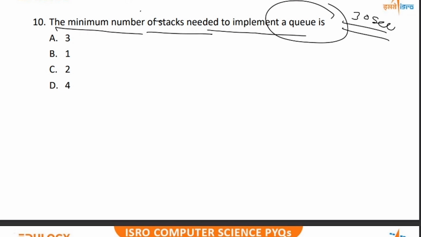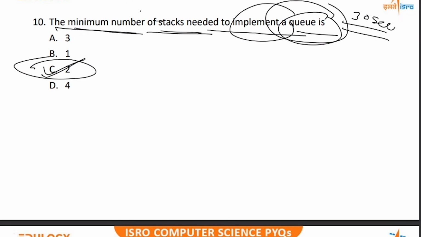It is a direct question. So there are 2 stacks required to implement a queue. Next question.